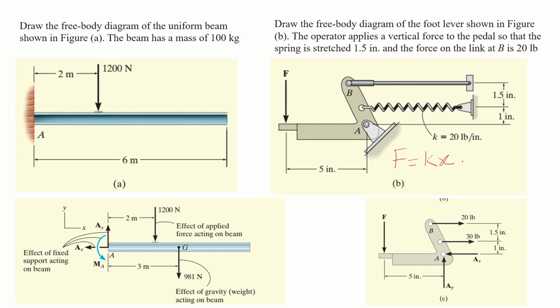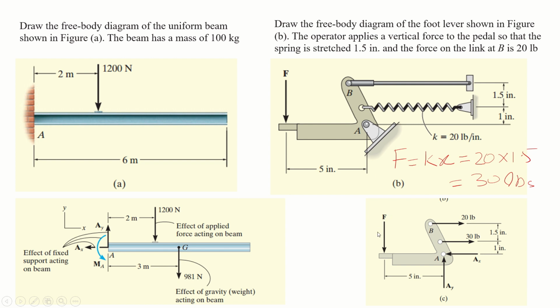X is given as 1.5 and K is given as 20. 20 multiplied by 1.5 is equal to 30 pounds. So we have 30 pounds here, which is the spring force. Again, it is in the direction of the spring.